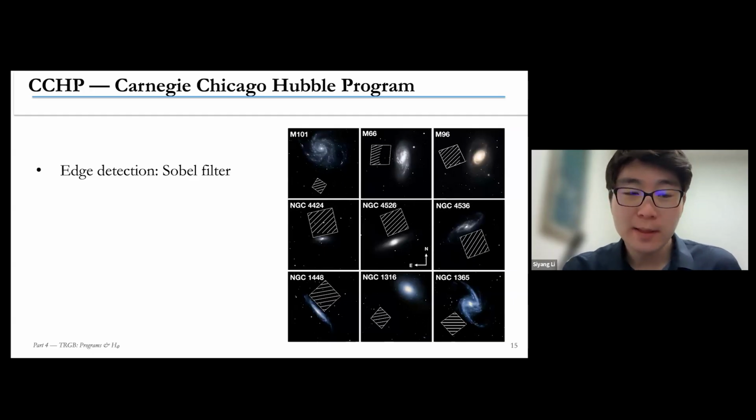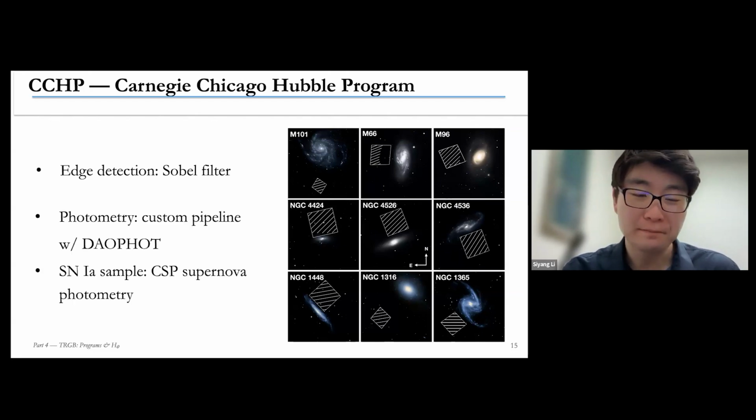The CCHP adopts the edge detection or Sobel filter approach that I just described. They smooth the luminosity function with GLOESS, which was actually pioneered by them, then apply a Sobel filter, a way to measure the first derivative of the luminosity function, to measure the TRGB.